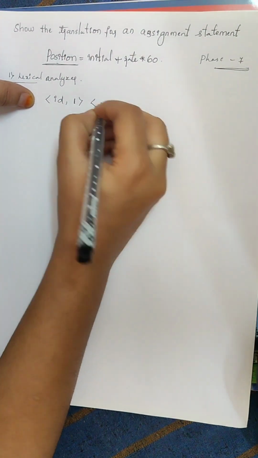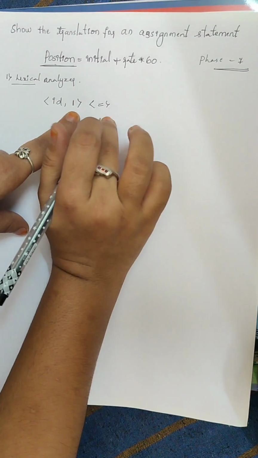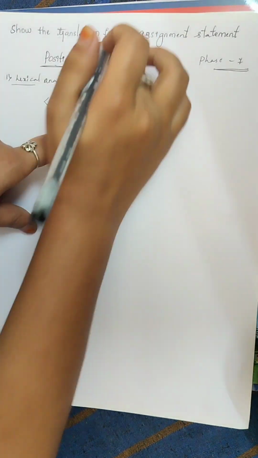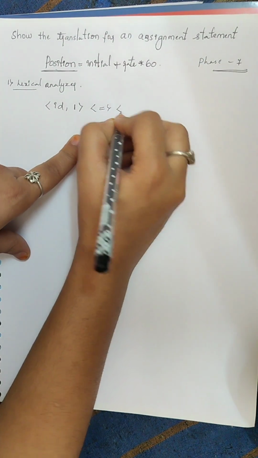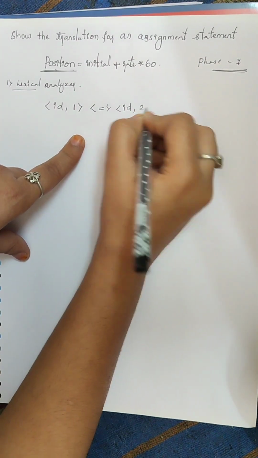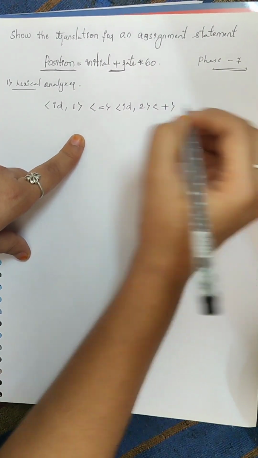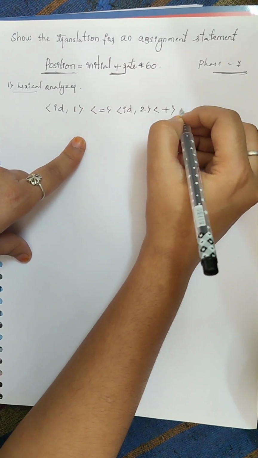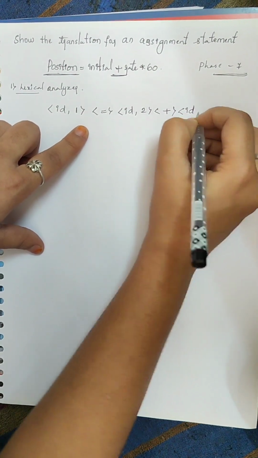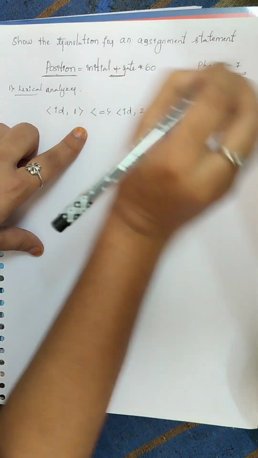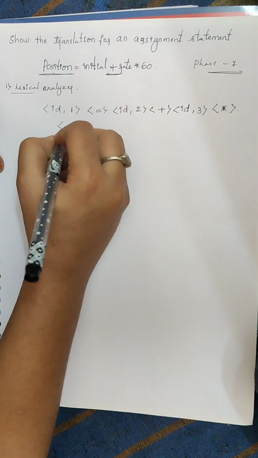For the operator =, there is no attribute value for operators like arithmetic operators, because it is optional. Initial is also an identifier, so I mention id,2. Plus is an arithmetic operator, so no attribute value, and rate is also an identifier, so I take id,3. Star is also an arithmetic operator with no attribute value, and 60 is a constant.